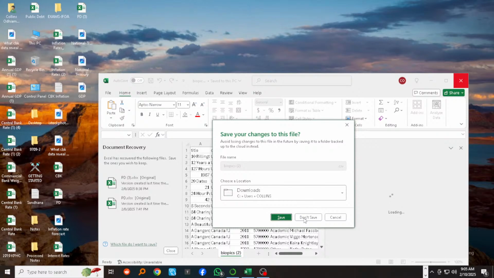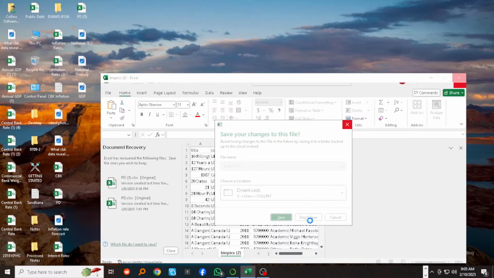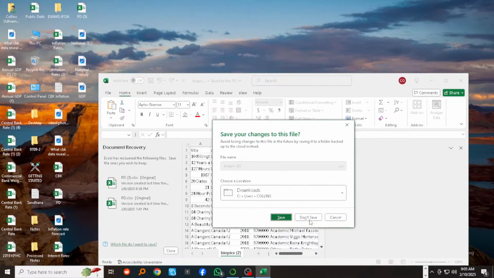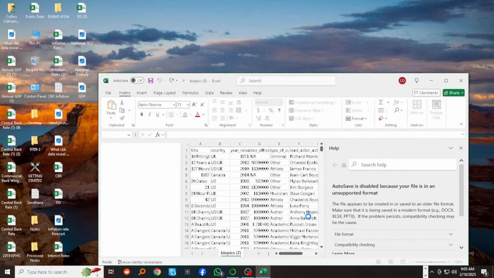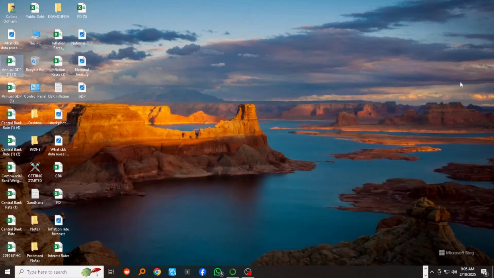Let's see. I want to close this, yeah, I'm closing that to give me room for this. So annual GDP. I want us to see the columns, how they appear.